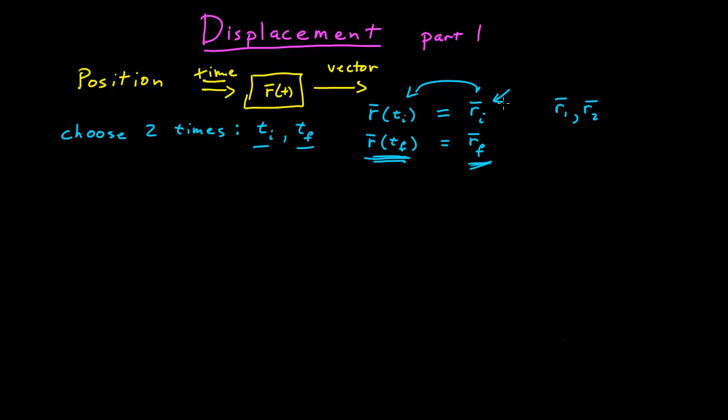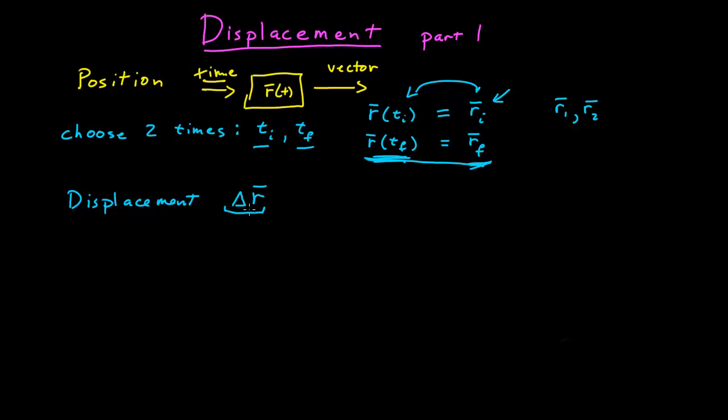Okay, so now that I've identified the position of my object at two specific points in time, I can define the displacement. We'll call the displacement delta r. So this is not delta times r or anything.